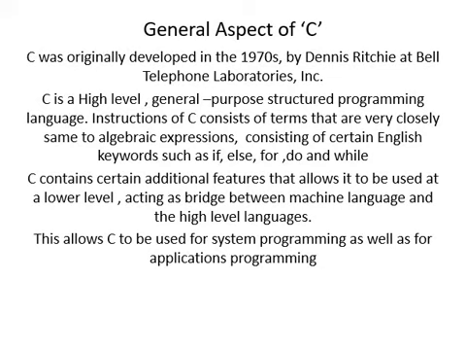Instructions of C consist of terms that are very close to algorithmic expressions, with certain English keywords such as if, else, for, do, while. It also contains additional features that allow it to be used at a lower level, acting as a bridge between machine level language and high level languages. This allows C to be used for system programming as well as for application programming.